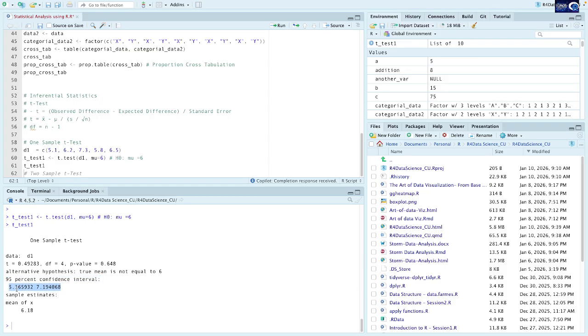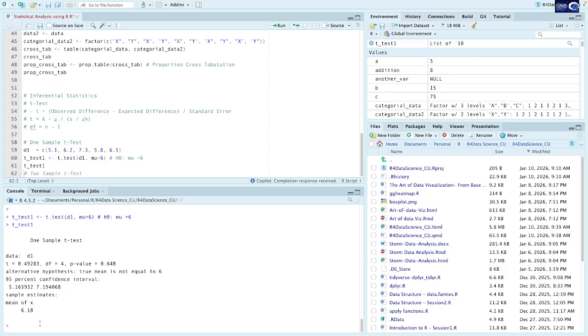The assumed mean is 6, and it can vary from 5.16932 to 7.194. Then we have the sample estimate of the mean of x. The mean of these actual values is 6.18.